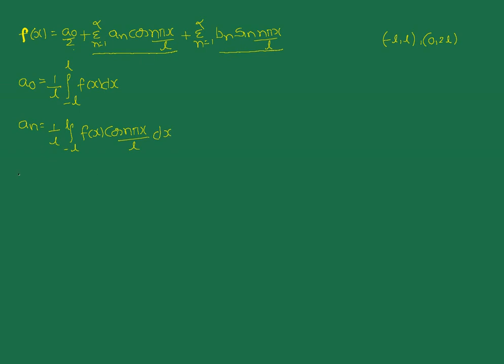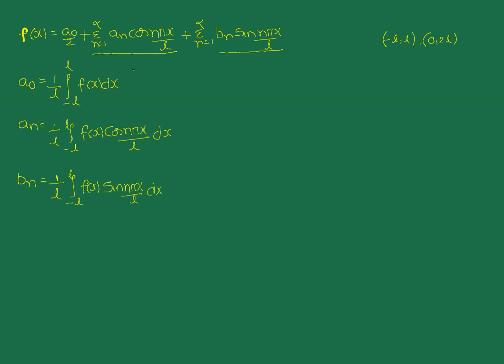Similarly bn is equal to 1 by l integral minus l to l f of x into sin n pi x by l dx.